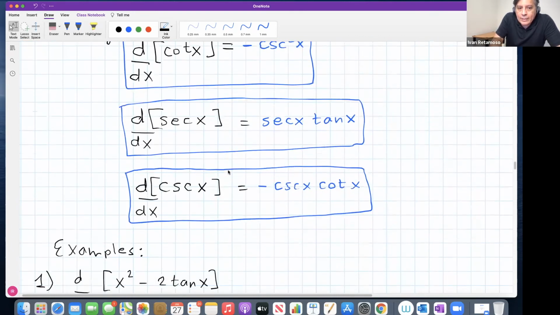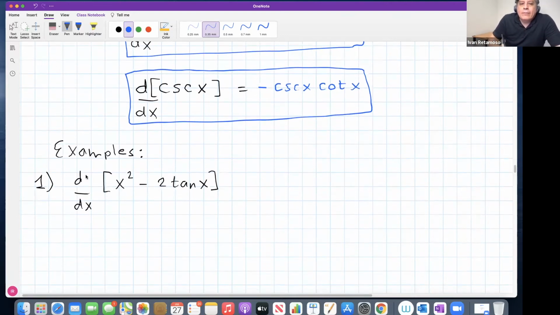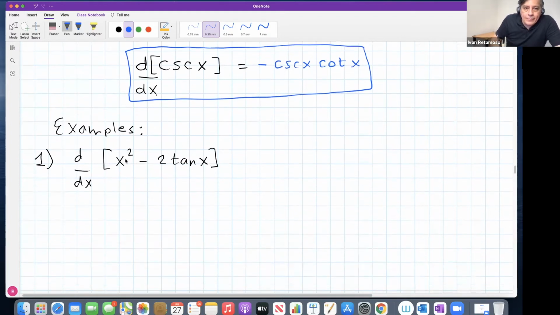we can do more now. We can take derivatives of these types of expressions, for example. So let me show you this example. What if they ask you to take the derivative of this expression, x squared minus 2 times tangent of x? Well, start by distributing your derivative over this difference.